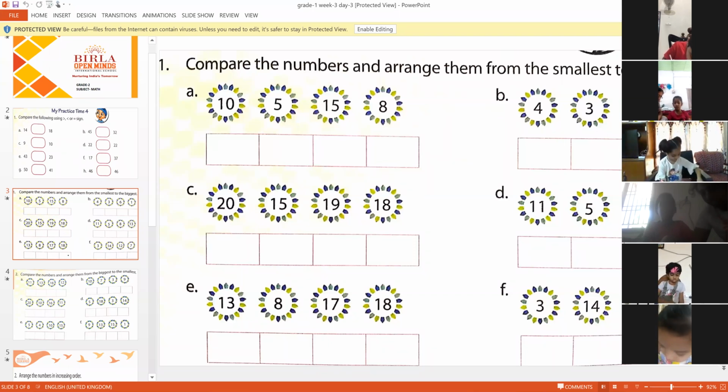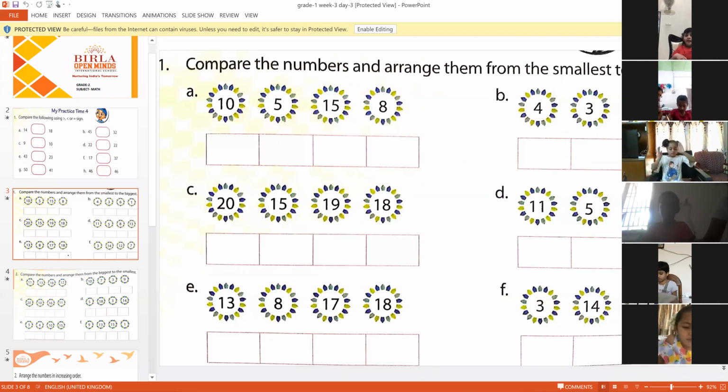So, children, what you have to do here is arrange these numbers from smallest to biggest. For that, first you will compare the numbers and then you will arrange them.